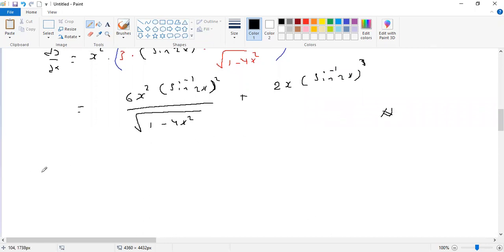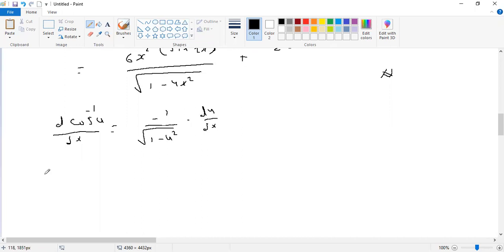Then what if I have cosine inverse? The derivative of cosine inverse u with respect to x is the same but negative: negative 1 over the square root of 1 minus u squared, multiplied by the derivative of u. For example, if y equals cosine inverse 5x, what is dy dx? dy dx is equal to negative 1 over the square root of 1 minus 5x squared, which will be 25x squared.